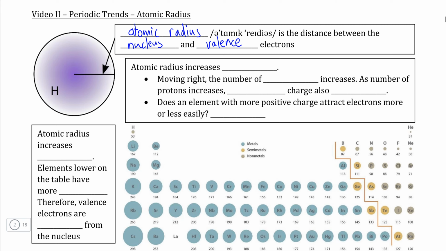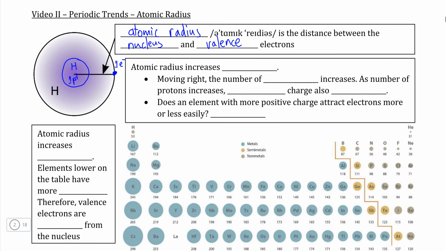So in this case, we're going to use hydrogen as an example, and we're going to use the Bohr-Rutherford model of the atom. So here is hydrogen's nucleus. Hydrogen is atomic number 1, which means that it has one proton, and then in the single shell that it has, which by default is its valence shell, it has one electron.